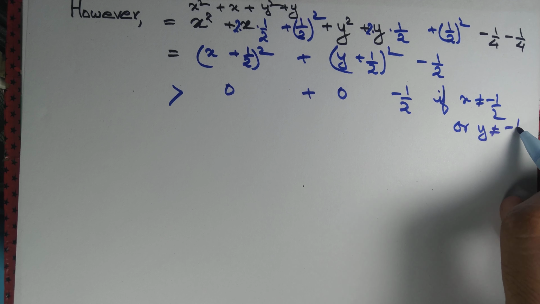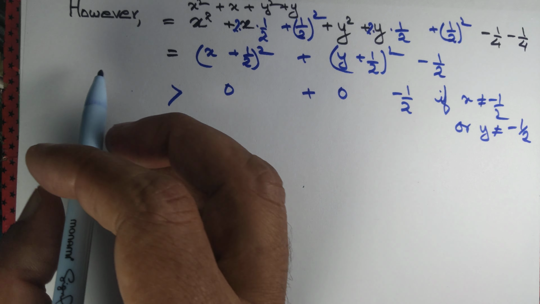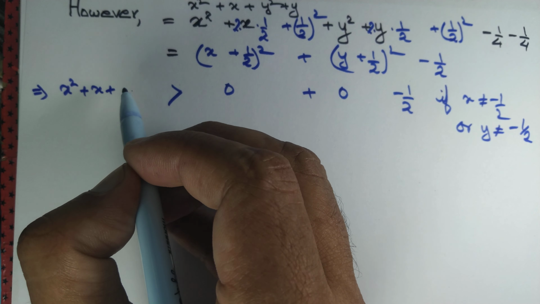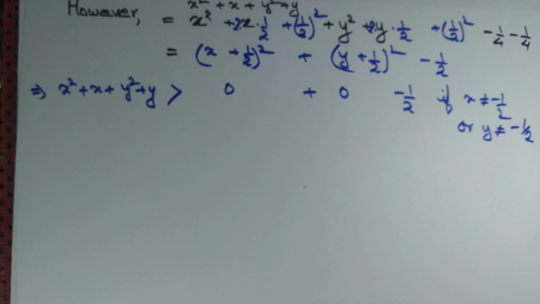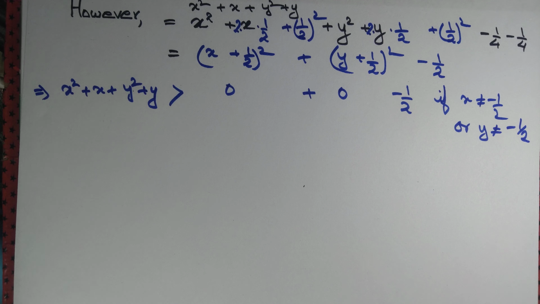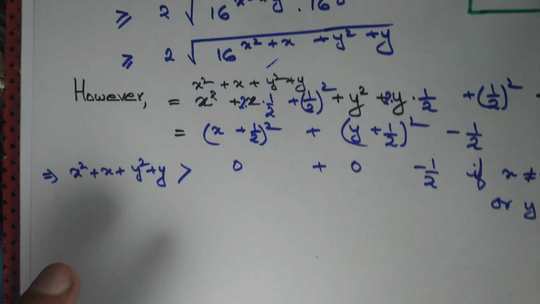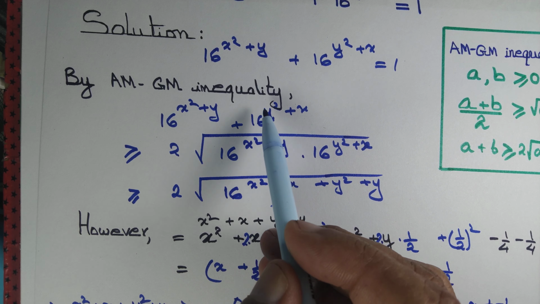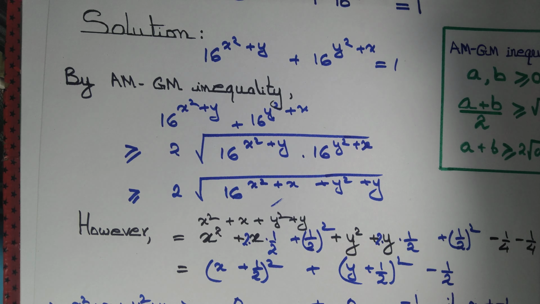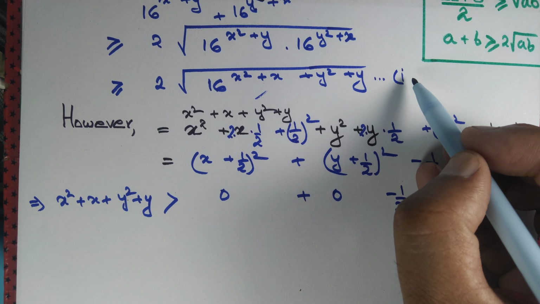So x square plus x plus y square plus y is greater than minus half if x is different from minus half or y is different from minus half. Therefore, we want to somehow conclude that 16 to the power x square plus y plus 16 to the power y square plus x is greater than 1. So let's write this as inequality 1.